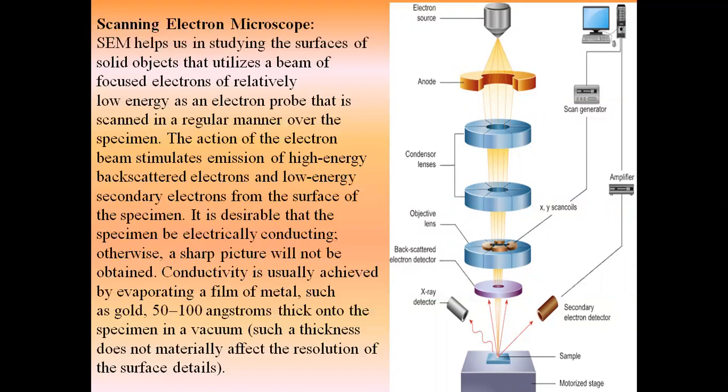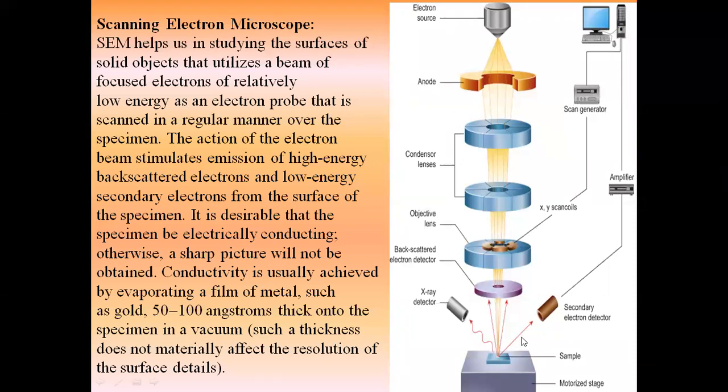Once the electrons from the electron gun hit the sample and an electron from the sample is emitted out, that kind of electron is called a secondary electron.